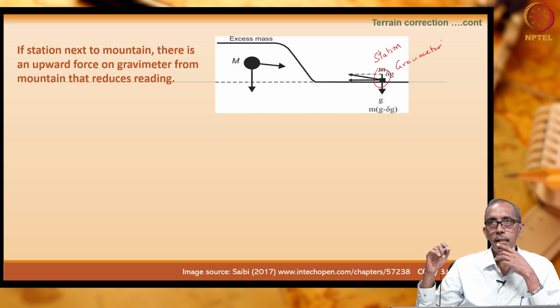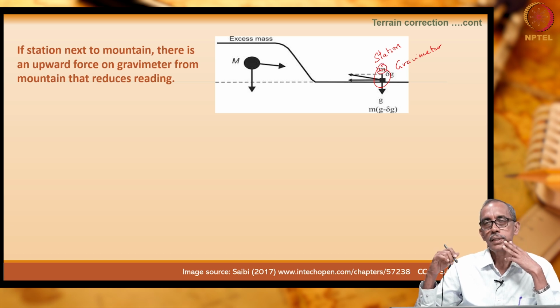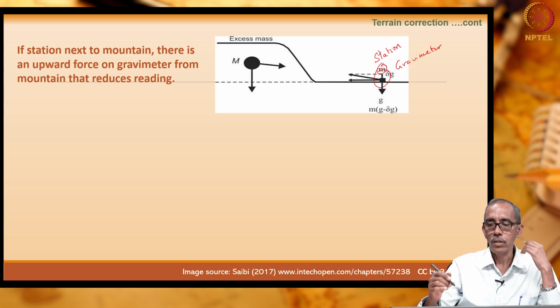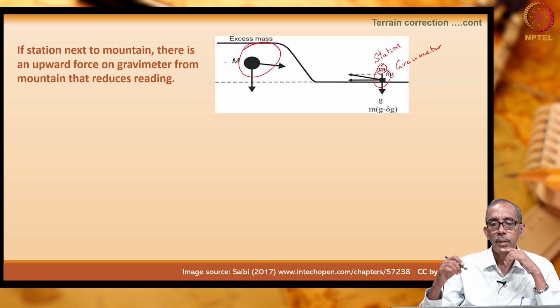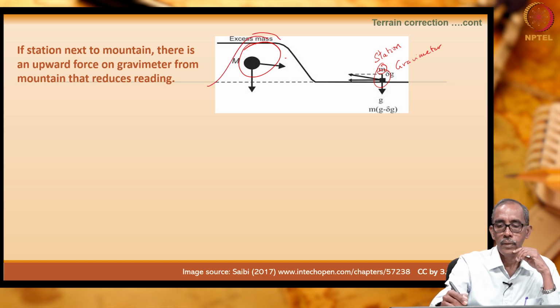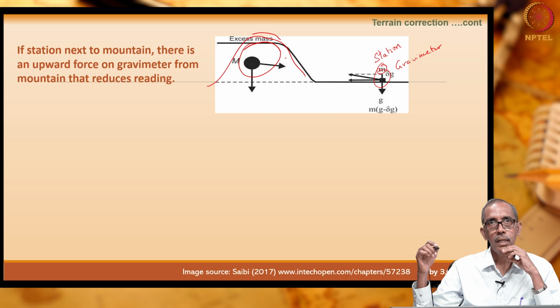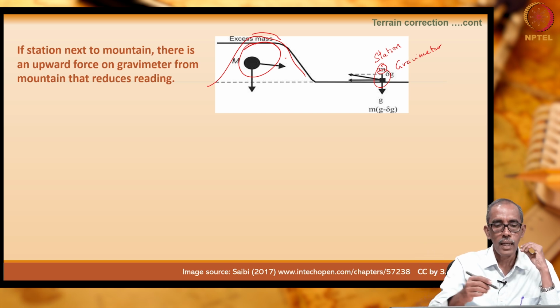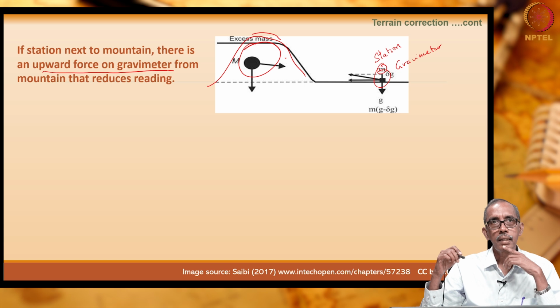The mass in the gravimeter, the small m, is also attracted by the mass of the mountain, because this is the adjacent mountain. This adjacent mountain attracts the mass, so there is an upward force on the mass in the gravimeter.